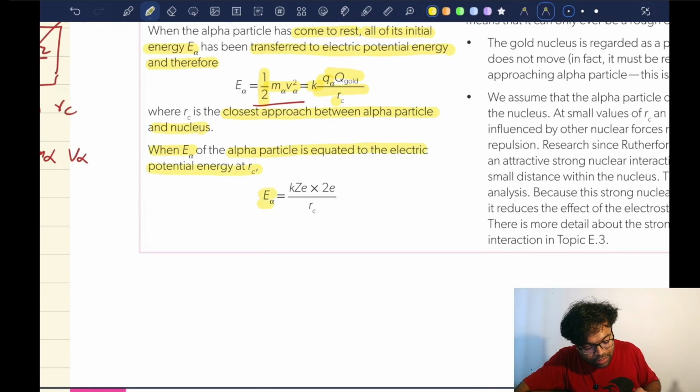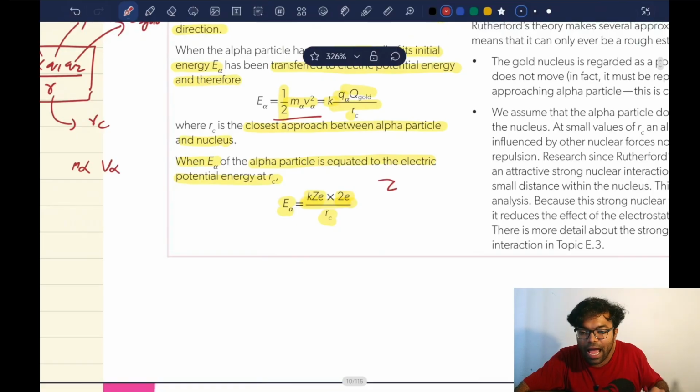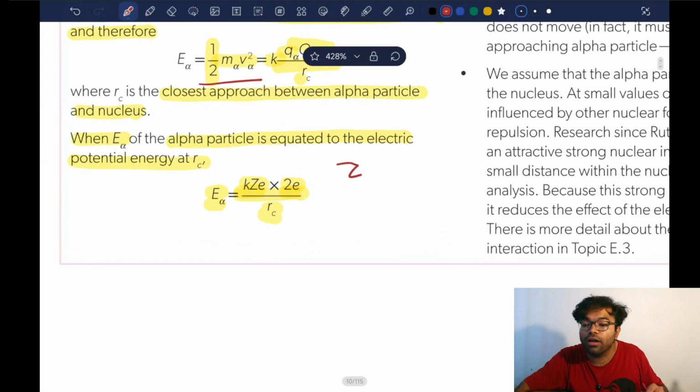E alpha is equal to K Ze multiplied by 2e upon Rc. Now here Z is the atomic number for gold. Atomic number gives you the number of protons.